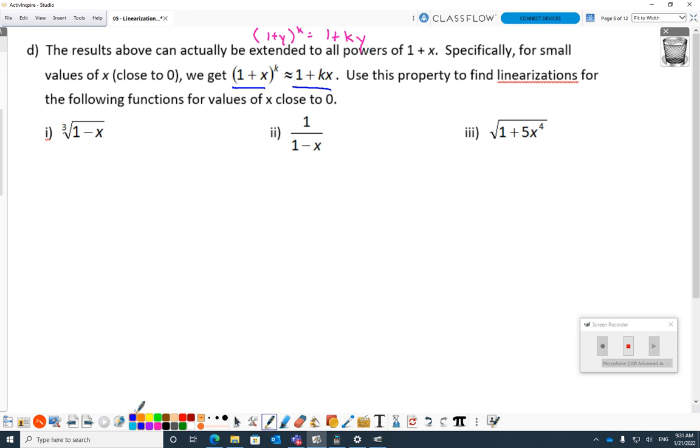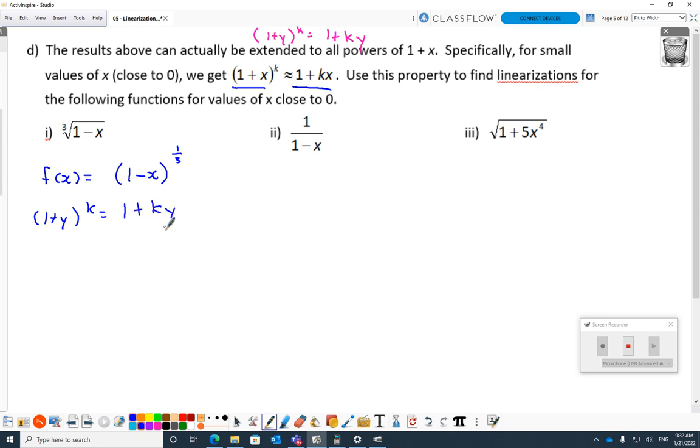Knowing this result, and this comes up in the homework, although it's not particularly a test question. If I had f at x equal (1 minus x) to the 1/3, that's what this is, okay? Third root is 1/3. Then my linearization of this, my approximation, would be, okay, so I'm going to make myself a little bit of room here and write down 1 plus y to the k equals 1 plus ky.